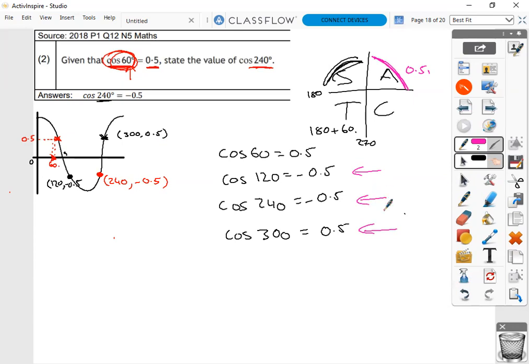And then knowing that the third quadrant is going to be negative, you're going to repeat that. So if you get given an answer in one of the quadrants, you'll be able to work out the other three quadrants off the back of that just by understanding the shape of that graph.